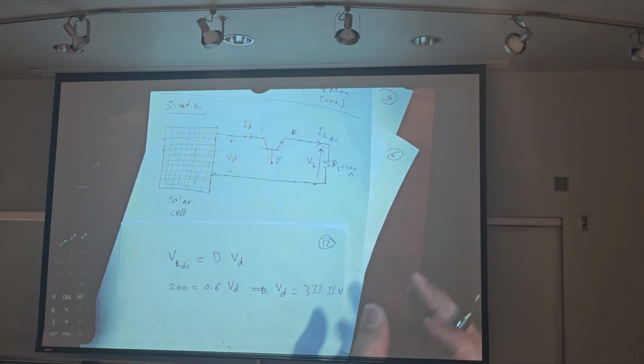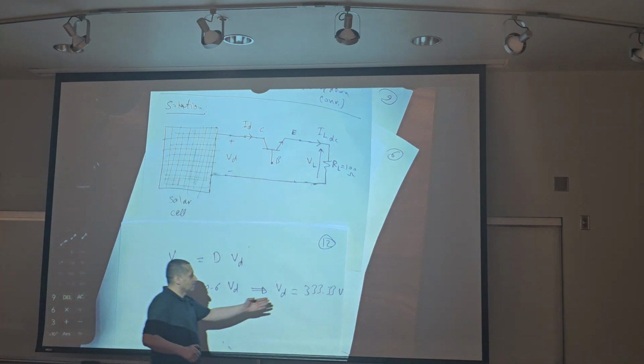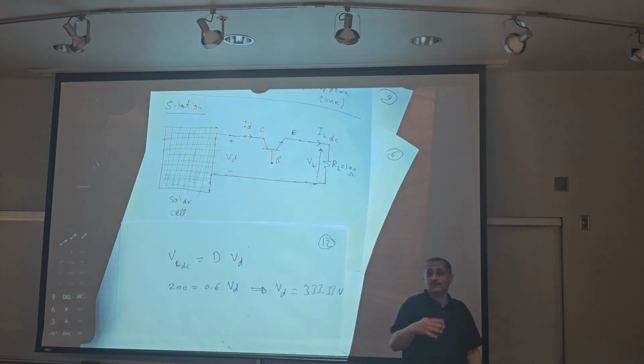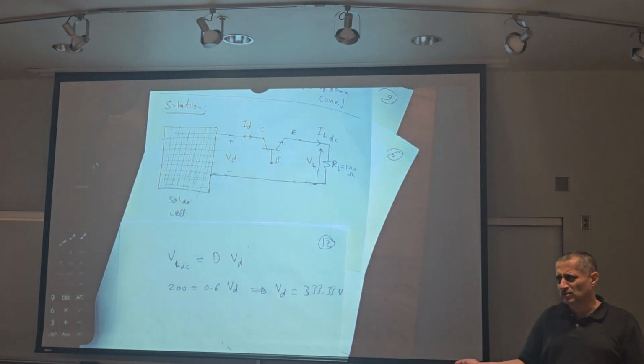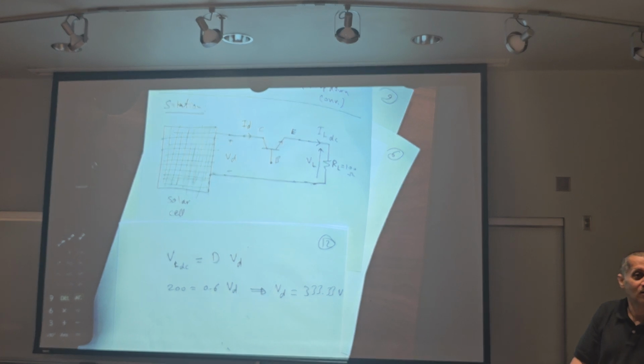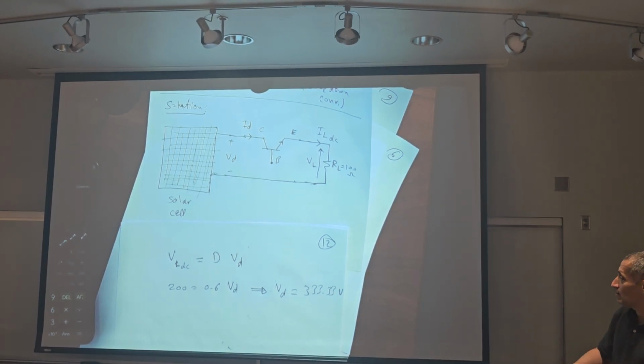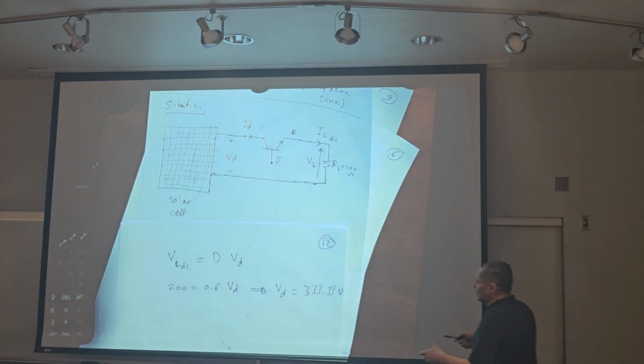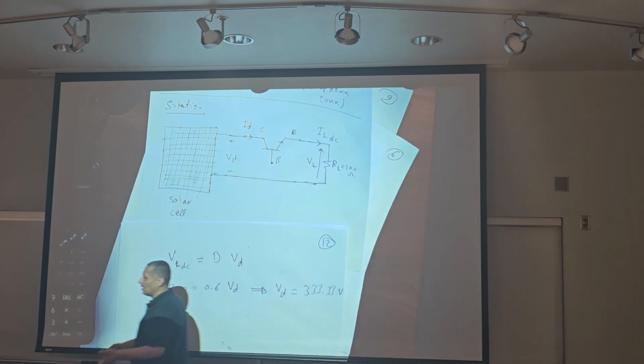We need the solar cell to generate 333.33 volt. This is a large voltage, so we should cascade more panels, 3 or 4 or 5, depending on what is available in the market. Now, let me check ID also.